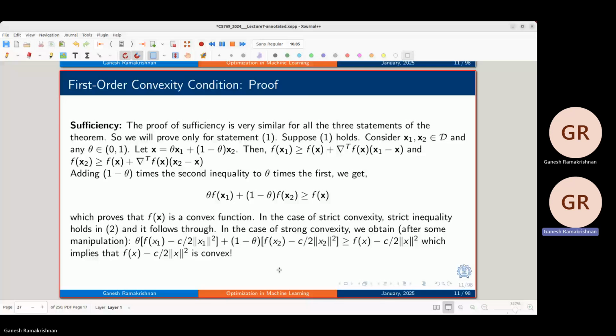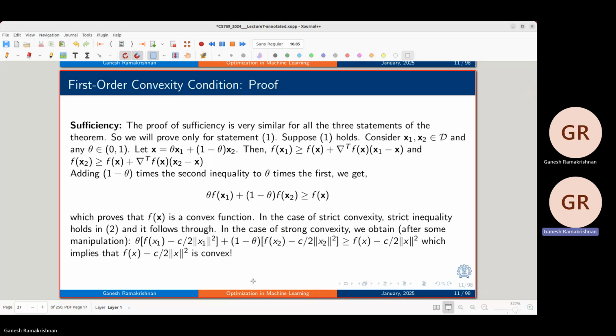I have to do some algebra to simplify those quadratic expressions. There is some manipulation, but things work out very nicely. So what you'll get eventually is theta f of x1 minus c by 2 norm x1 squared, plus 1 minus theta f of x2 minus c by 2 norm x2 squared. And that you can show is greater than or equal to f of x minus c by 2 norm x squared, just by substituting for x as theta x1 plus 1 minus theta x2.